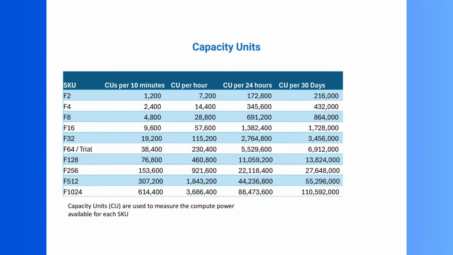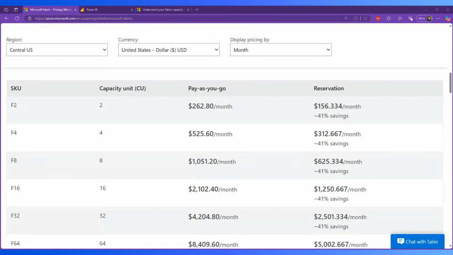You can see in this example how the numbers grow exponentially. And that's because every time that you double up resources, you get more capacity units. And how is this related to the pricing that you're going to pay? You have to look at the pricing model.